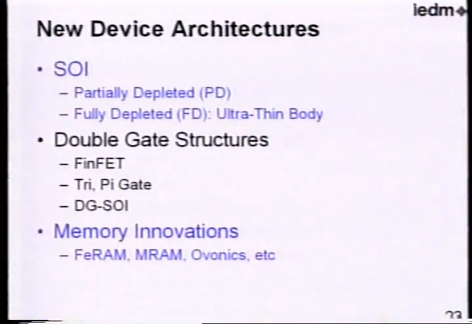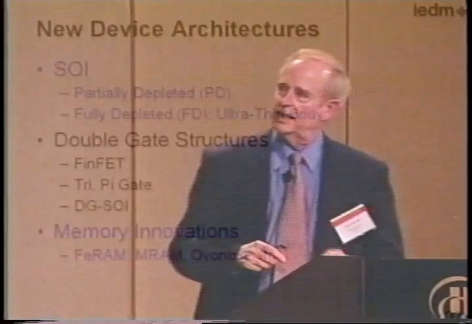Okay, well, one way around that is we mentioned that to get a relaxation on the body thickness is to go double gate. And so there's been, like mentioned earlier, several devices suggested. This is one that came out of Berkeley and was actually introduced earlier.